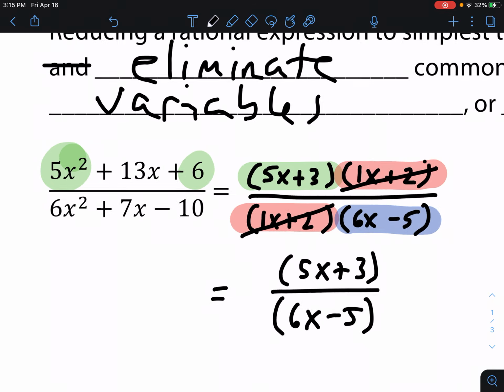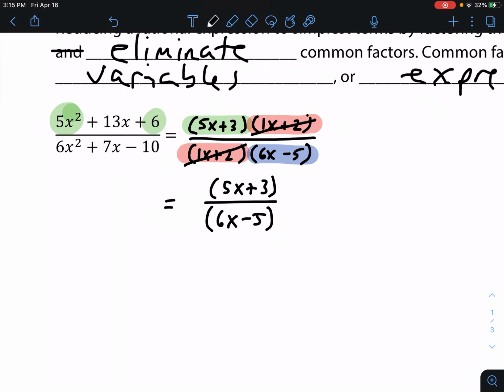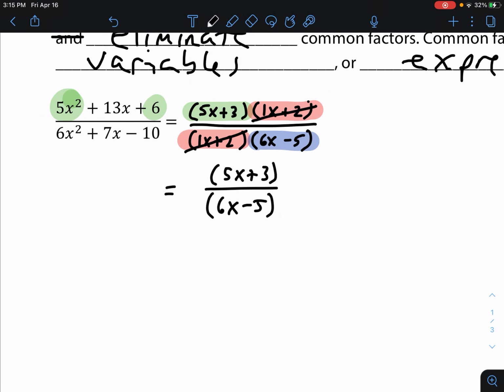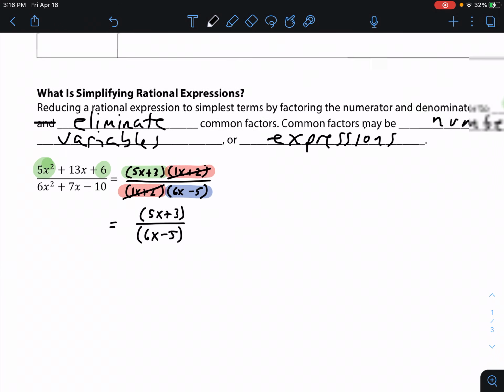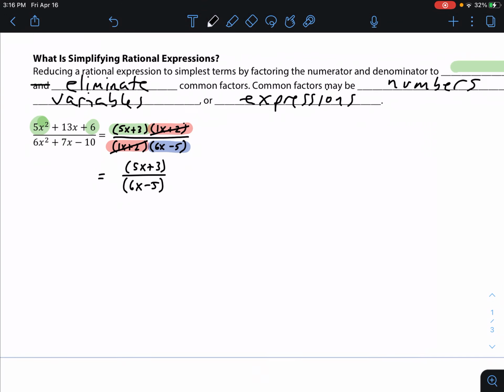And that is as simple as I can make this expression, because 5x plus 3 and 6x minus 5 don't have any common factors. Okay, so that's about as hard as it's going to get when it comes to factoring these things. Although I should be careful, because we also have to use SOAP, if you remember SOAP from before.